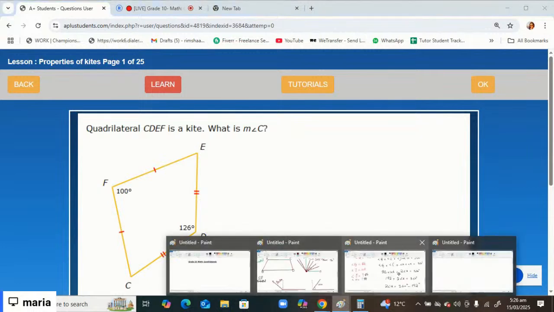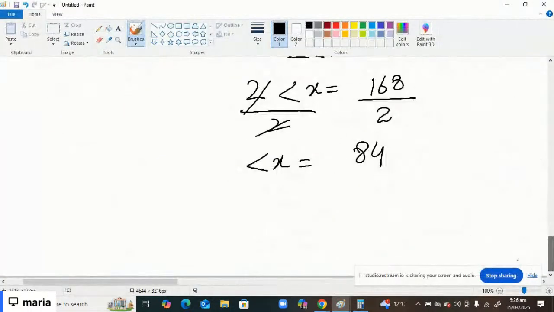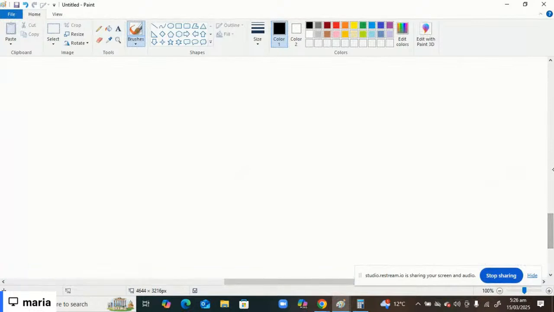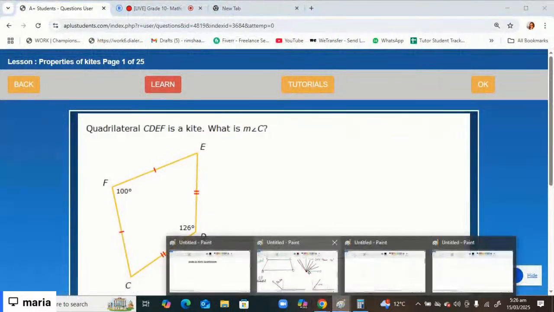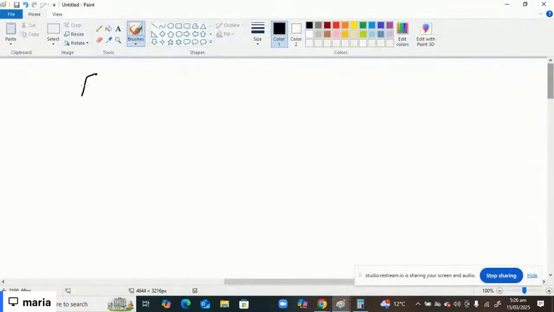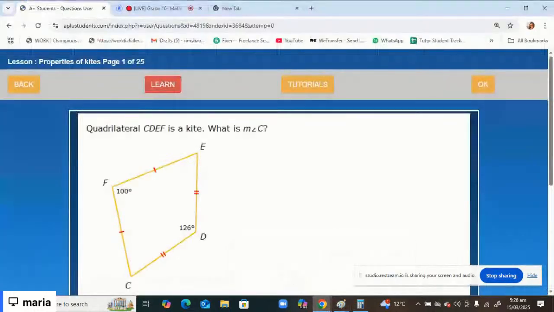The one angle given is 100. F is equal to 100, D is equal to 126. So what is the measure of angle C?